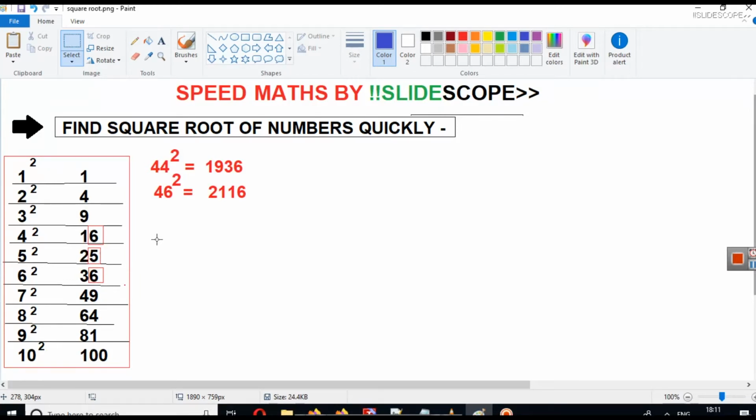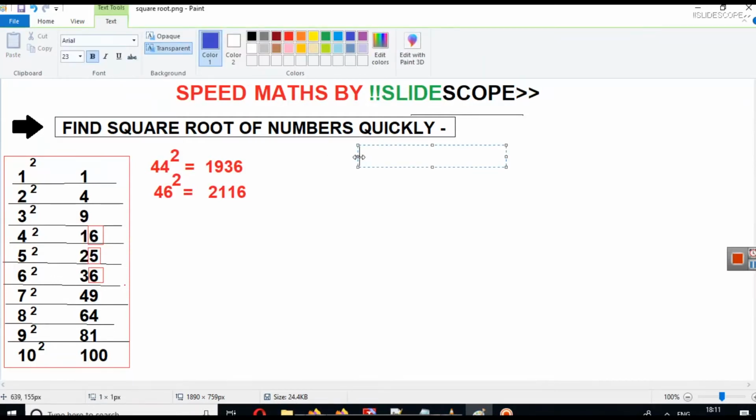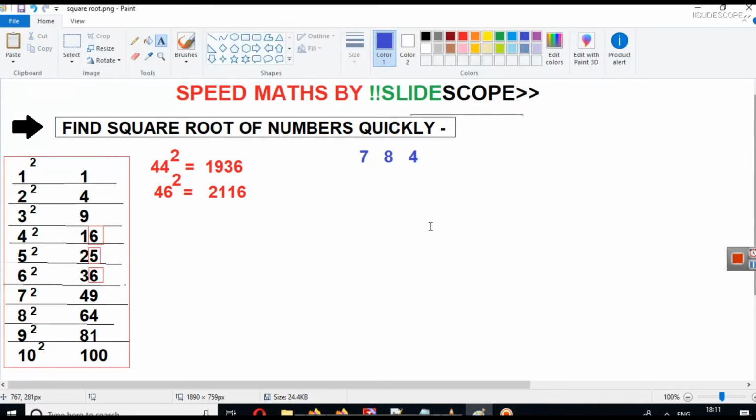Now let's see. First, let's take a number here, 784. If you remember squares up to 30 by heart, you can find it without any calculation. But let's see how we can do that.